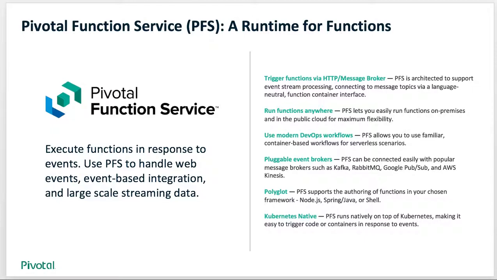It is based on the open source software riff, and you can run functions, whether it is a Java function, a .NET function, a shell script, or a Node.js function. It has pluggable event brokers. PFS can be connected easily with popular message brokers such as Kafka, RabbitMQ, Google Pub/Sub, and AWS Kinesis.